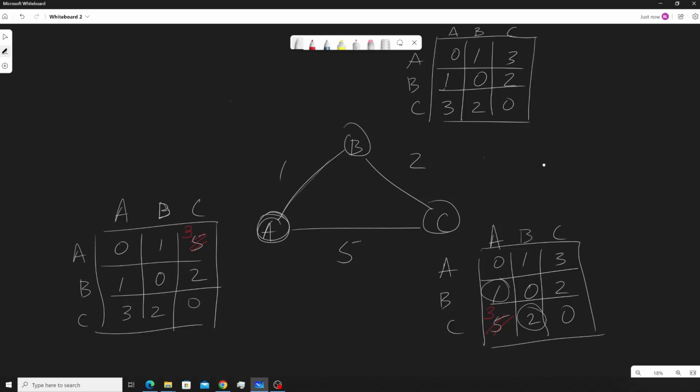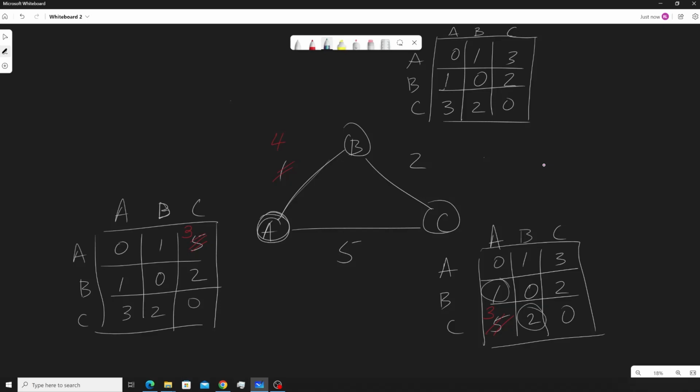Now, let's say that one of the edges suddenly gets much more expensive. Let's see, so I think I used 4 in the last example. Okay, so let's say 4. So we need to update A and B. A and B need to be updated to be 4.